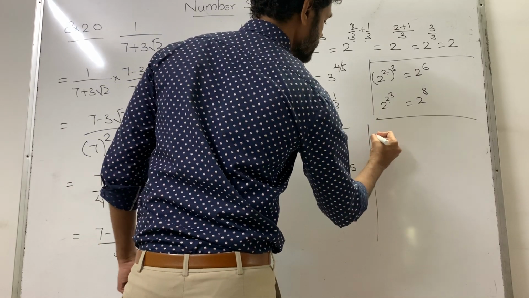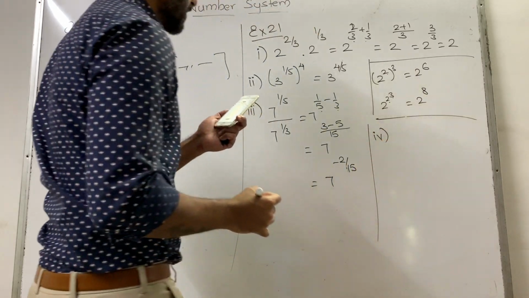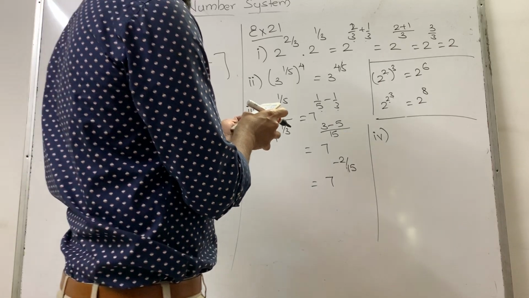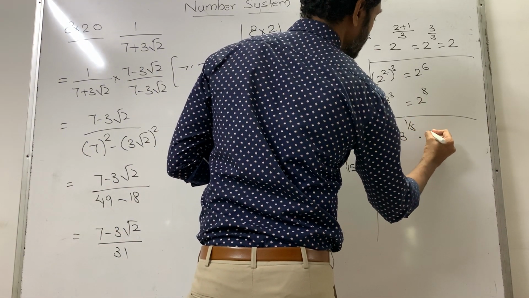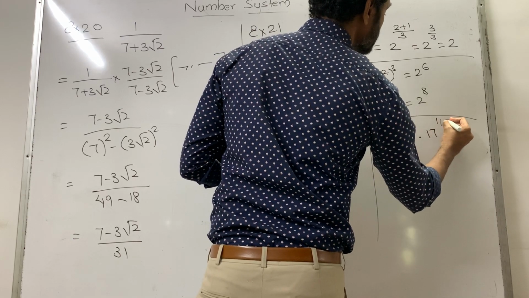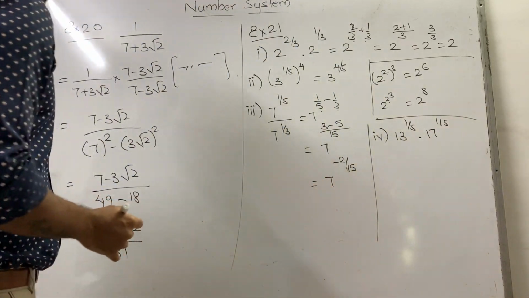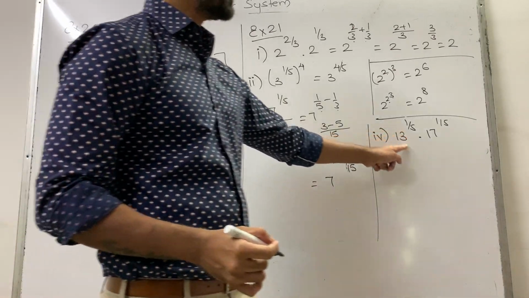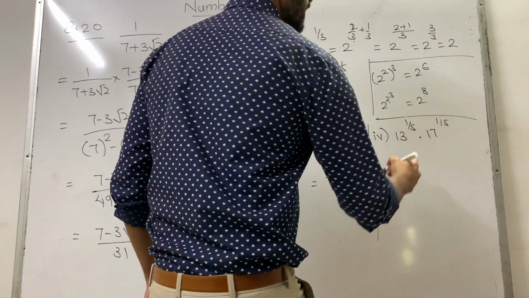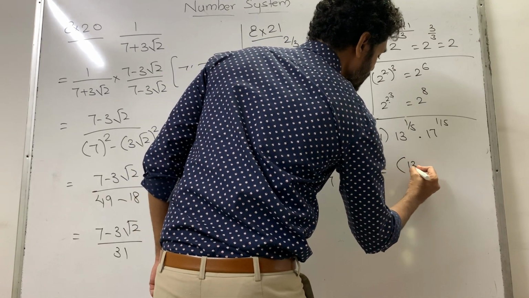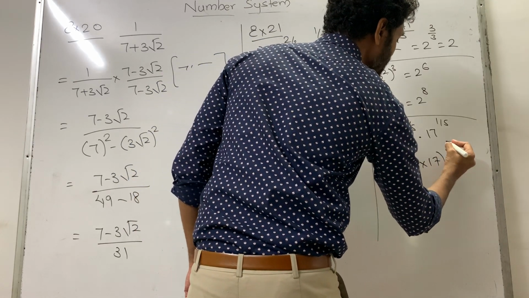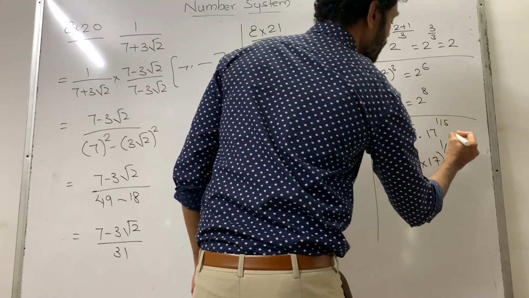Now the last sum, the fourth sum, it is 13 raised to 1 by 5 into 17 raised to 1 by 5. Now here the base is not same, but the power is same, and the relation is multiplication relation. So what you can do is, you can write 13 into 17, use the bracket and write a common power.